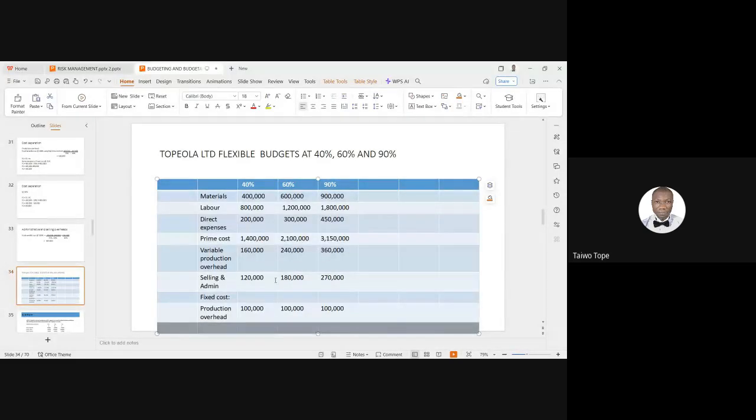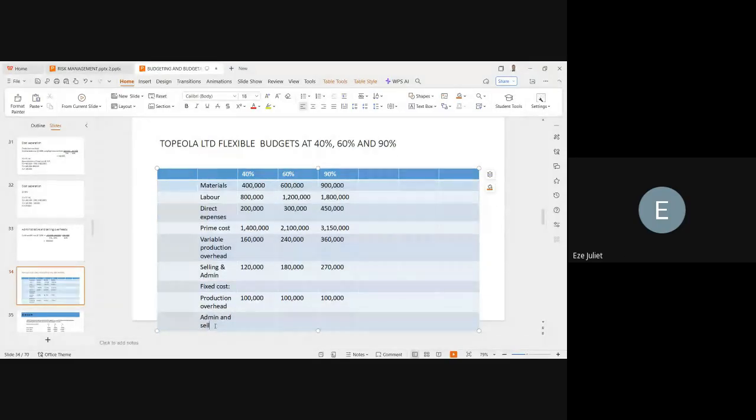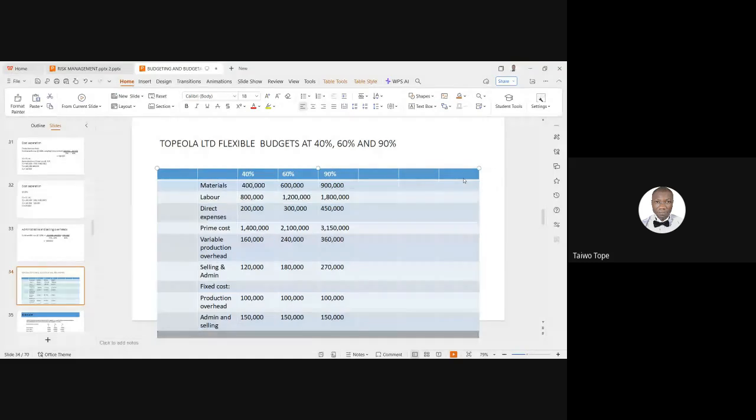It is a fixed cost. Now, your admin and selling fixed element is what? 150,000. So it's 150,000 all through. Your total cost will now be what? What will be your total cost?